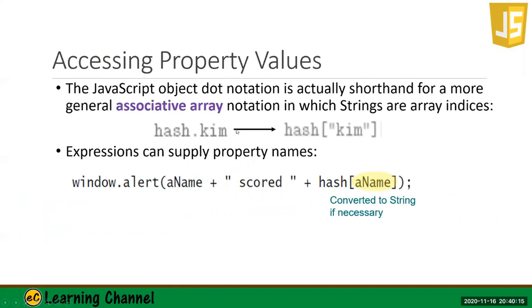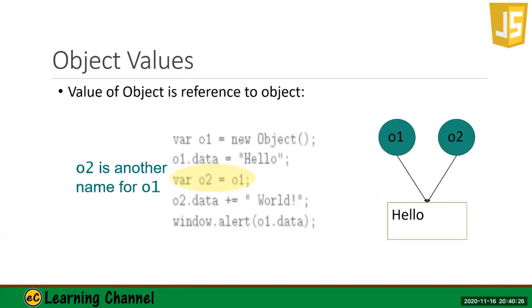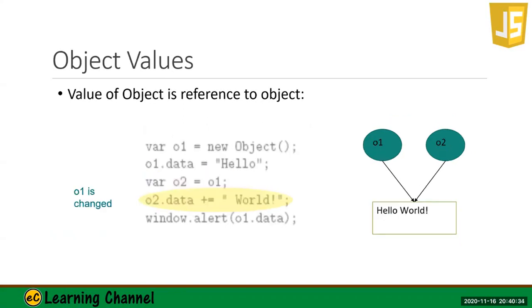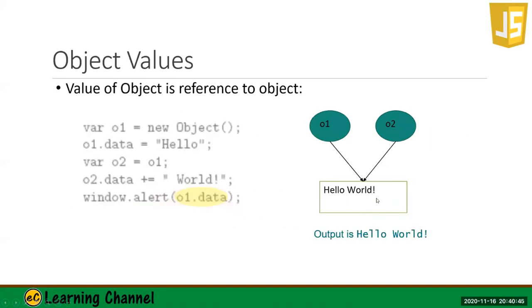Okay, so you can do this or this. Array reference or data field reference, same for object, but not the same for array. Okay, and then value we'll talk about it. You have a data field and you can assign a value to it. Okay, that we know. And the value of an object is a reference. Yes, if you assign O1 to O2, O2 will share the same object. Okay, it's only the reference.